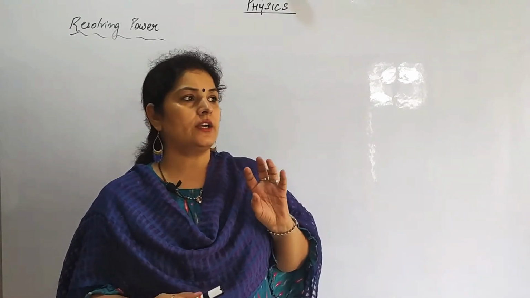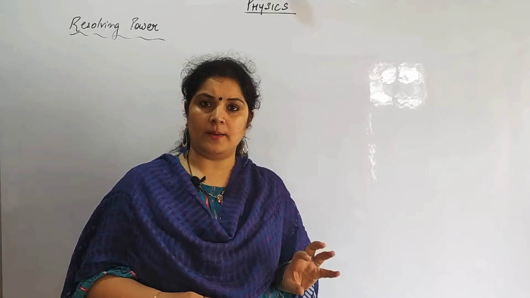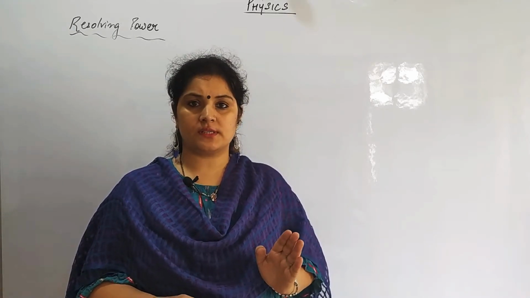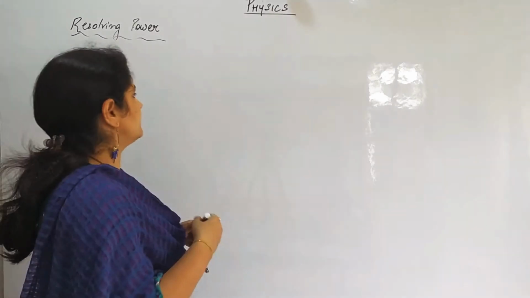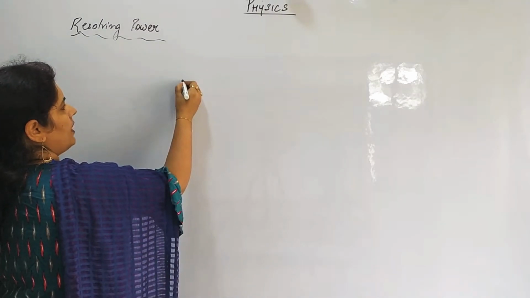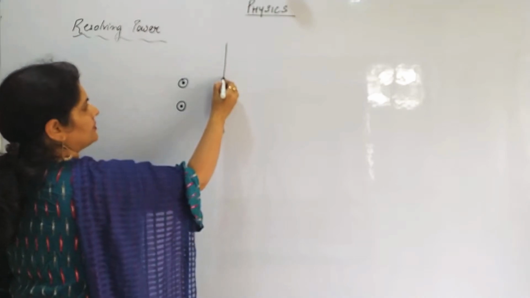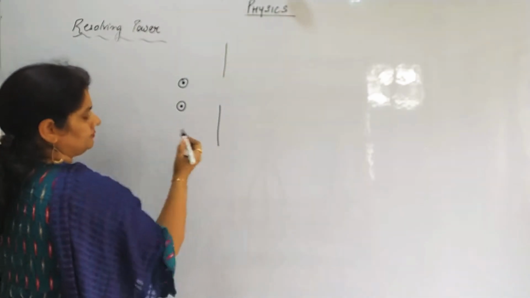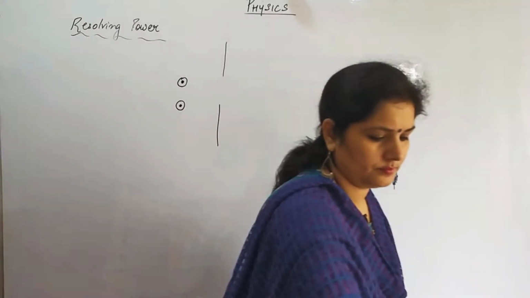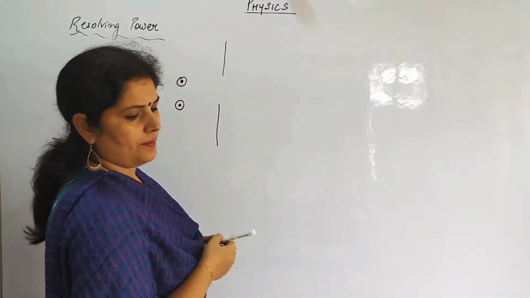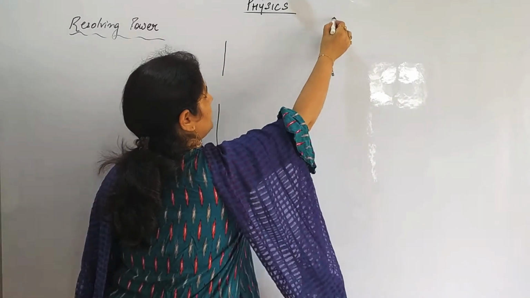Suppose there are two objects kept at some distance from an aperture. Let us say this is object 1, this is object 2, and there is an aperture. Now this aperture has a size and there is a screen here.